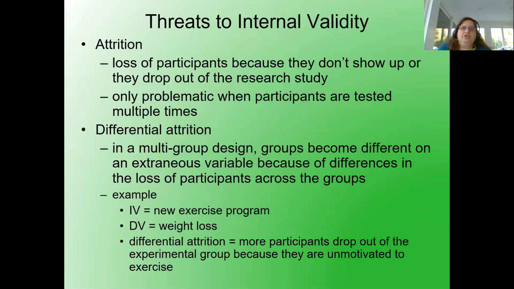Attrition and differential attrition. Attrition is simply dropout, loss of participants because they don't show up or they drop out of the research study. Now, this is only problematic when participants are tested multiple times, right? So imagine a longitudinal study where you're trying to capture students over time and how motivated they are in school.